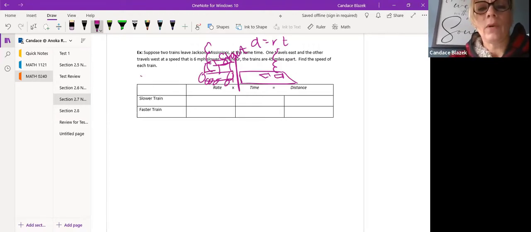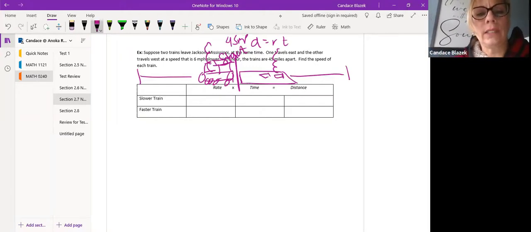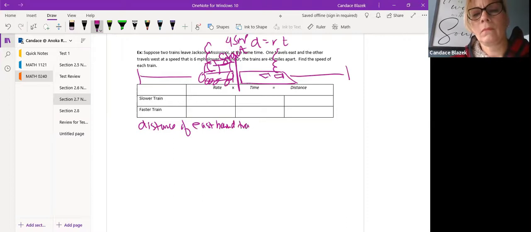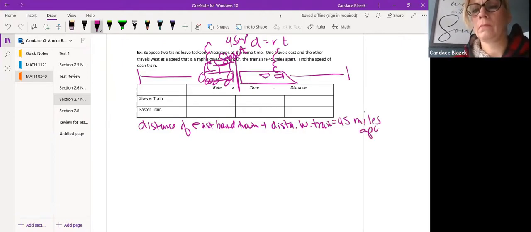And after 1/2 hour, the total distance is 45 miles apart. So they're traveling in opposite directions, so we are going to look at their total distance. That means the distance of the eastbound train plus the distance of the westbound train will equal a total of 45 miles apart.